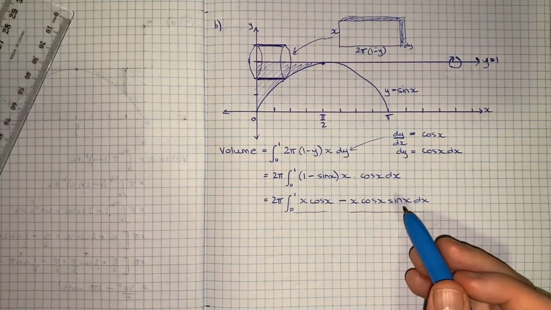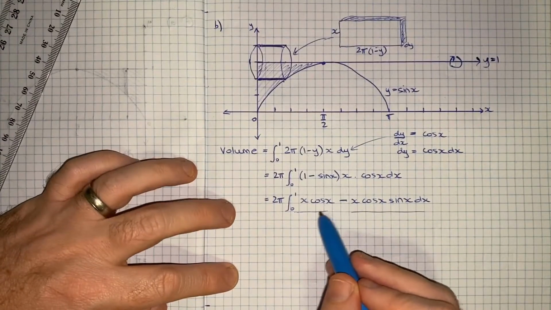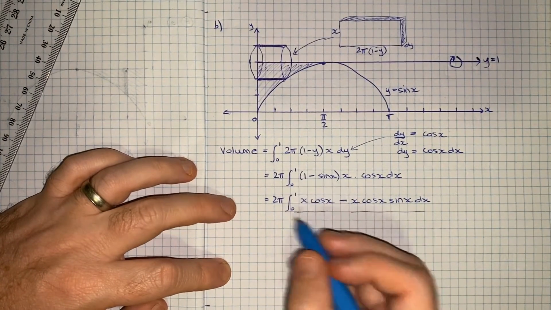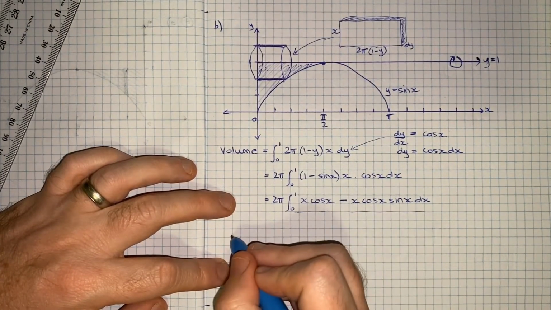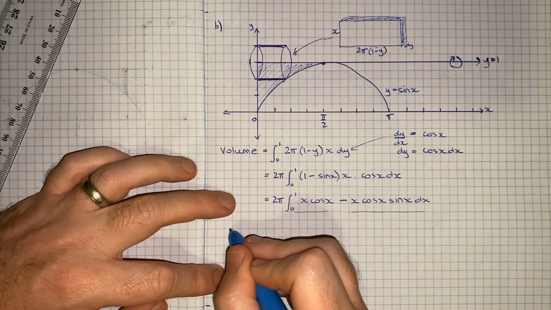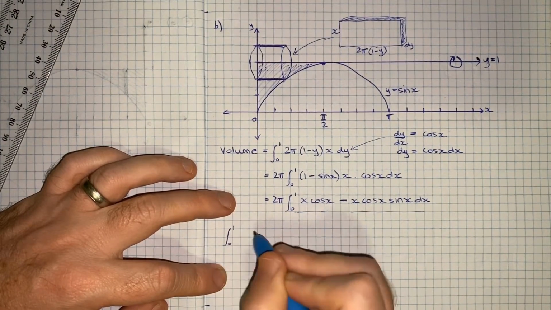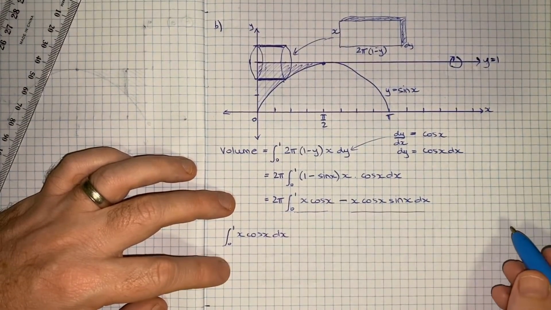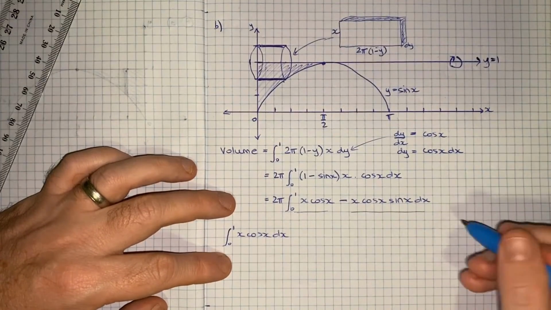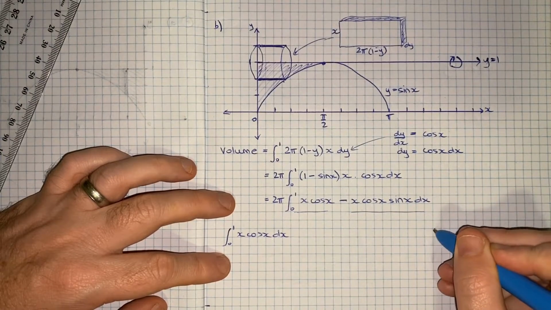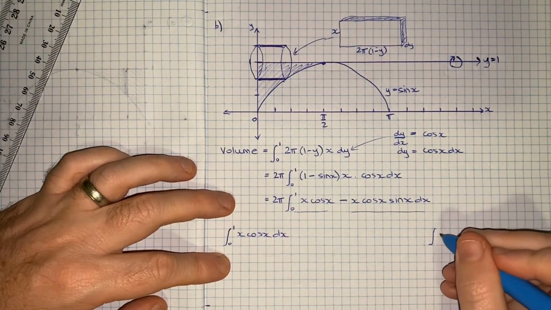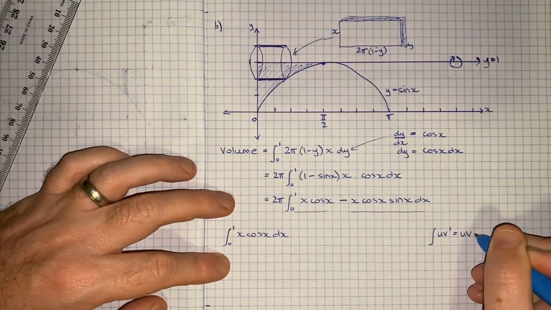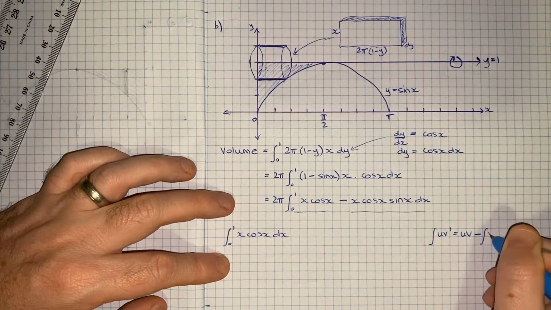So if I focus on this bit first, I'll just put it off to the side here. If I think about the integral from 0 to 1 of x cos x dx, well, my integration by parts, I want to think of it as the integral of uv dash is equal to uv minus the integral of vu dash.